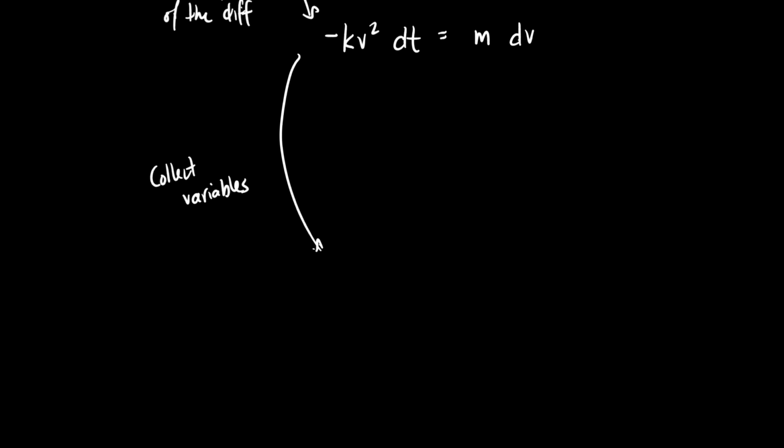And k is not changing with respect to time or velocity. So collect variables. You're trying to clean this up to make it easier for you. I'm going to move the m over to the side with the k just to get the constants all on one side, and I'm going to move the v squared over to the side with dv. So I'll have negative k over m dt equals 1 over v squared dv.